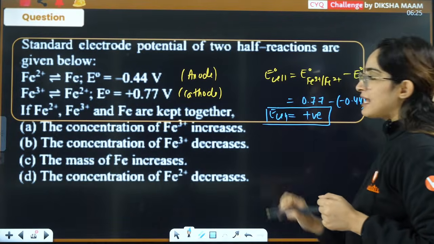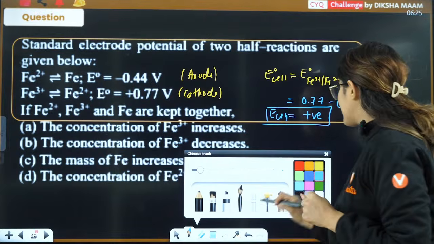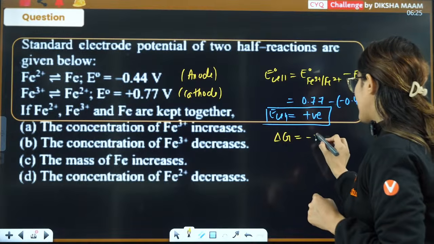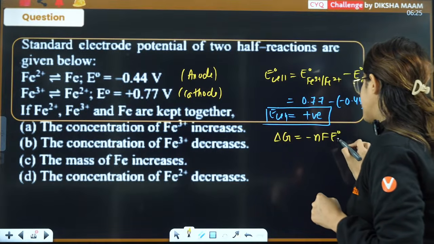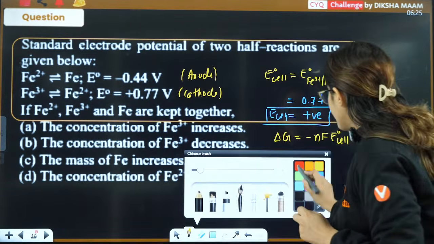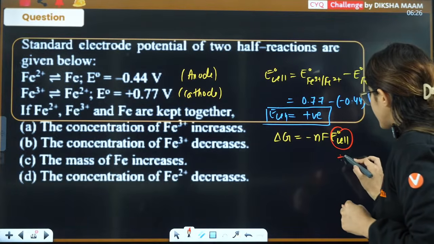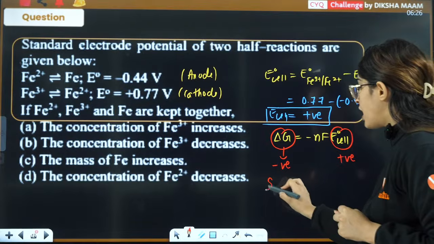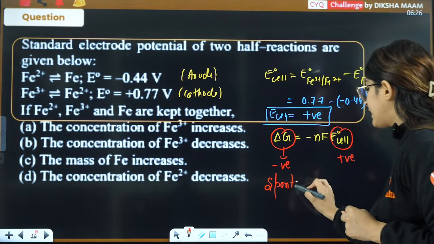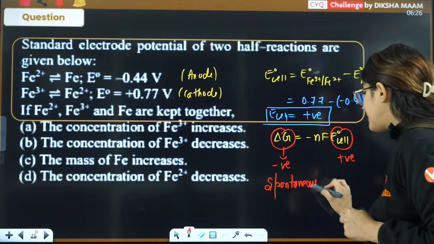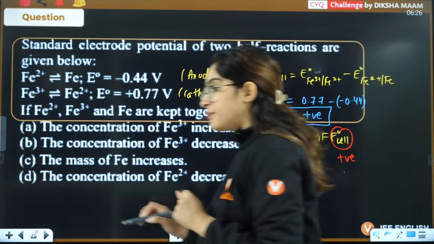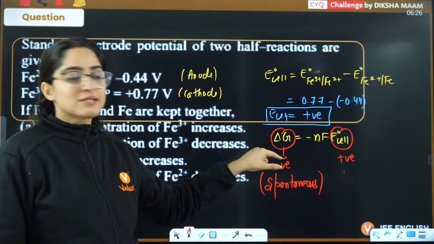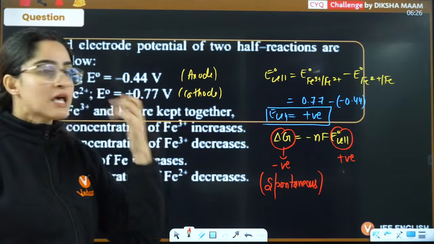Whenever E cell value is positive, there is a relation, that is delta G is equal to minus NF E naught cell. So if this is positive, then automatically delta G will be negative, which accounts for a spontaneous process that we have studied in thermodynamics, that whenever delta G is negative, it's a spontaneous process.